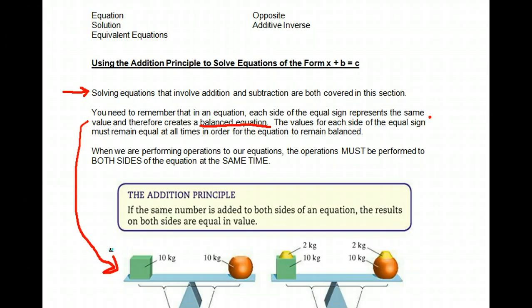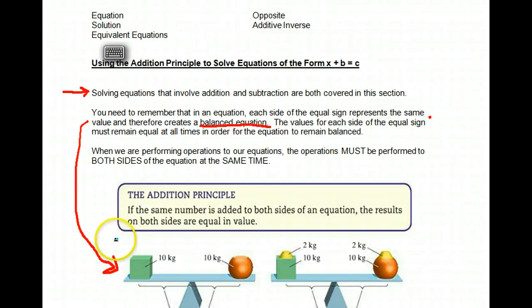If you perform an operation to one side of your equation, that operation has to be performed to the other side of your equation at exactly the same time in order for your equation to remain balanced.